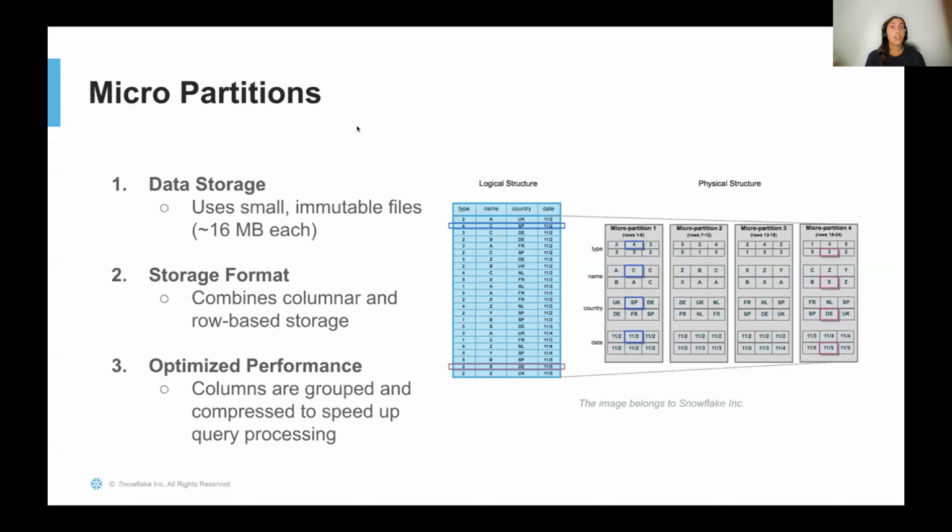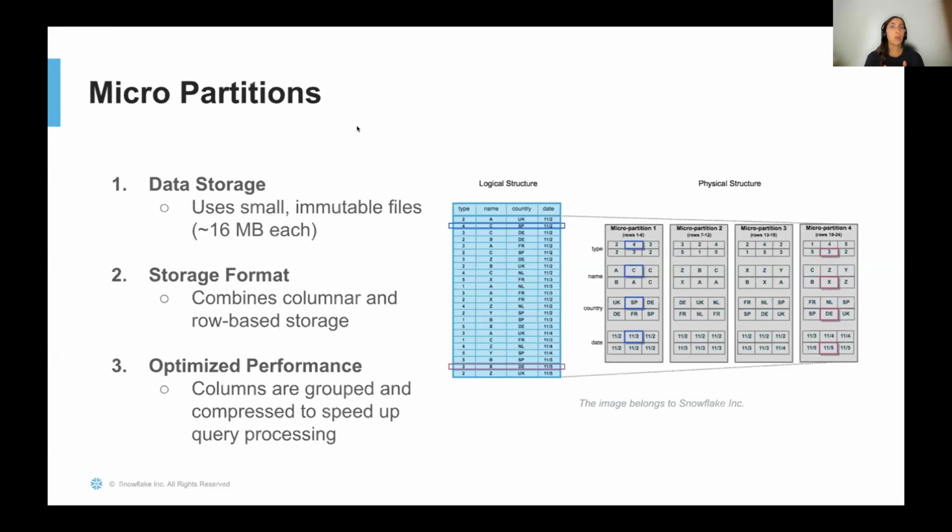Also, micro-partitions use a storage format that, let's say, blends columnar but also row-based storage. What it means in practice is that the data within each column is grouped together and compressed. And Anna will also dive deeper into micro-partitioning in a moment.